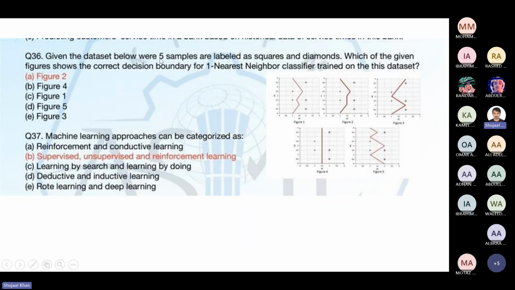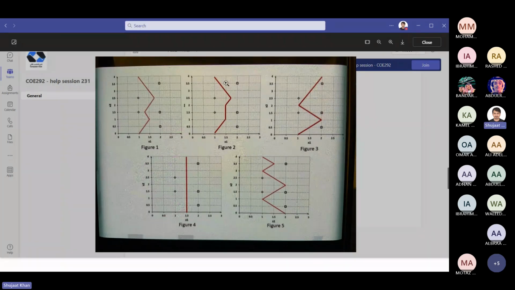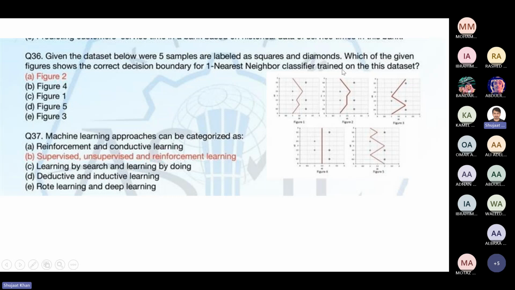Given the data set where 5 samples are labeled as square and diamond, 5 samples, diamonds and squares, which of the given figures shows the correct decision boundary for a one nearest neighborhood classifier trained on this data set?